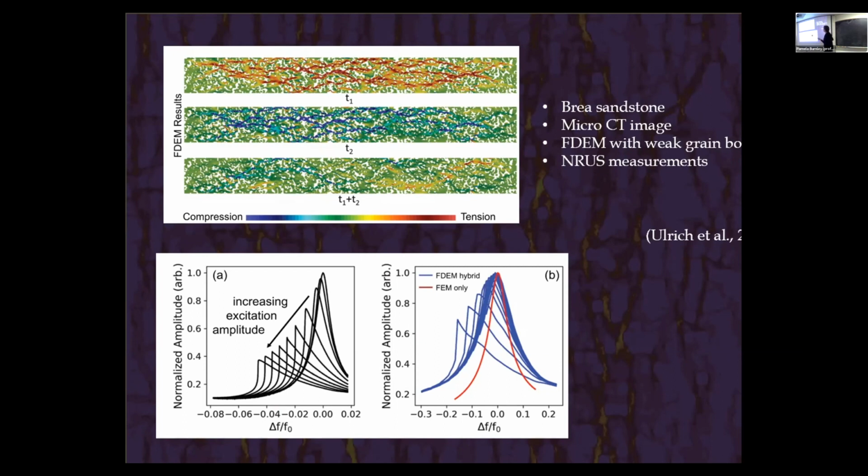But the point I want to make is that they do a micro CT, and then they mesh the whole thing, and their grain boundaries have properties, which is why they need the finite difference scheme. And so they put in grain boundary properties that are different than the pores and different, of course, than the quartz itself. And they get force chains in their model. And the models basically explain the nonlinear resonant ultrasound. So I was very encouraged that they saw that.